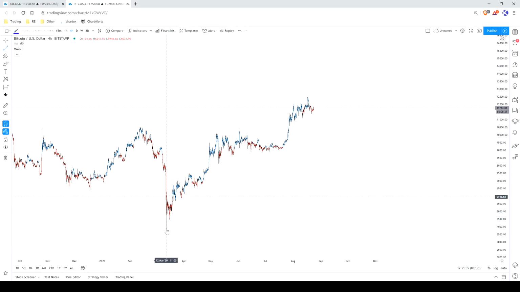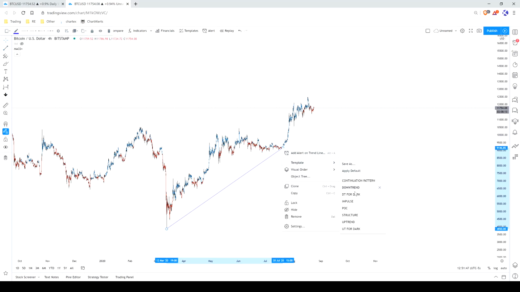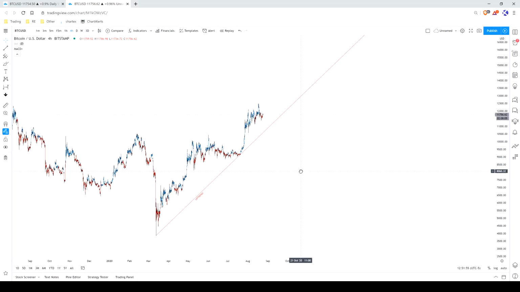Therefore, our primary trend line at this time is from here to here. That's a new uptrend. And as long as we maintain this uptrend line in the higher lows, we should assume continuation.